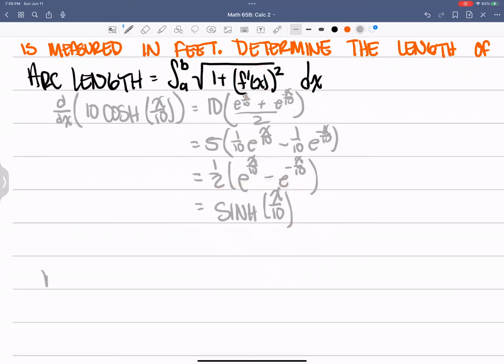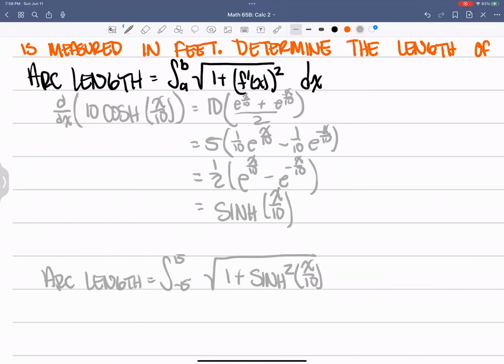So we have our arc length, integrated from negative 15 up to 15, the square root of 1 plus hyperbolic sine squared of x over 10 dx.